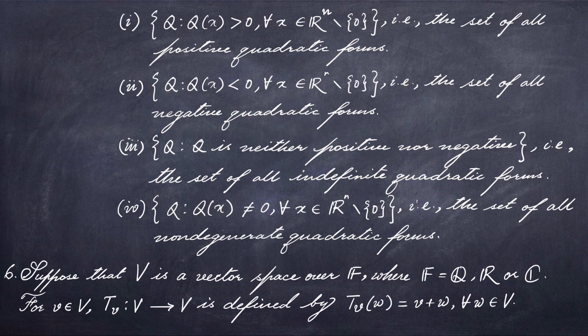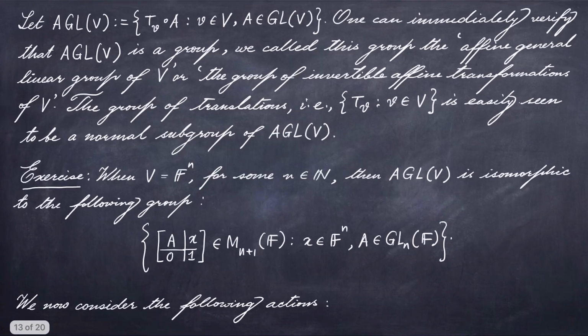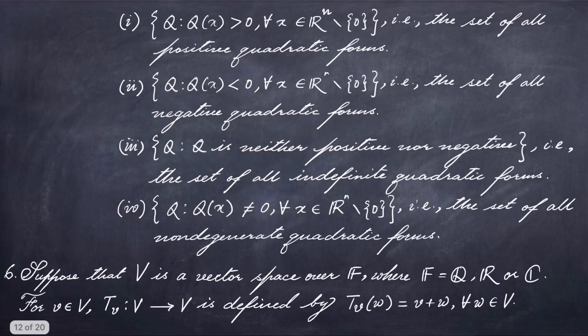In the next example, let's start with the vector space V, and for each v in V we define the map T_v, which is the translation of the vector space V by the amount small v. It's easy to see that all these maps are invertible.